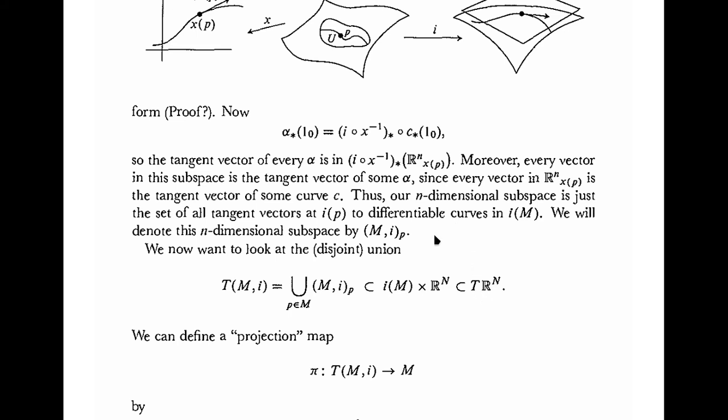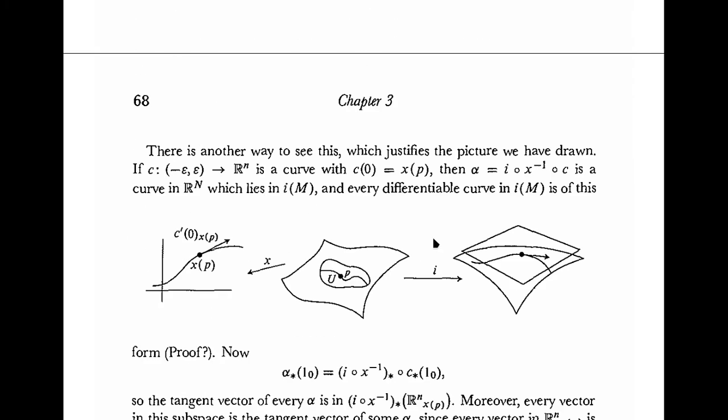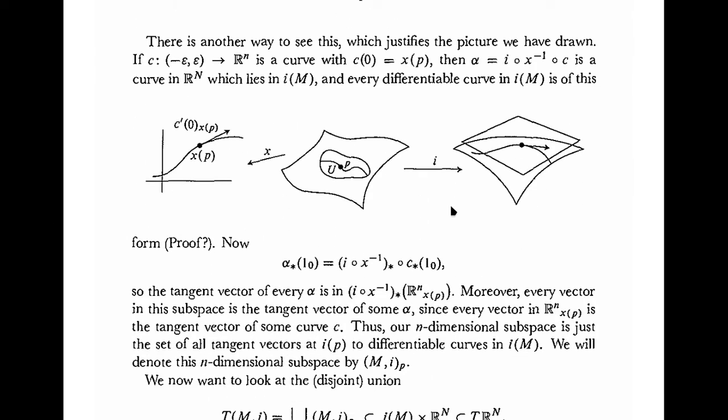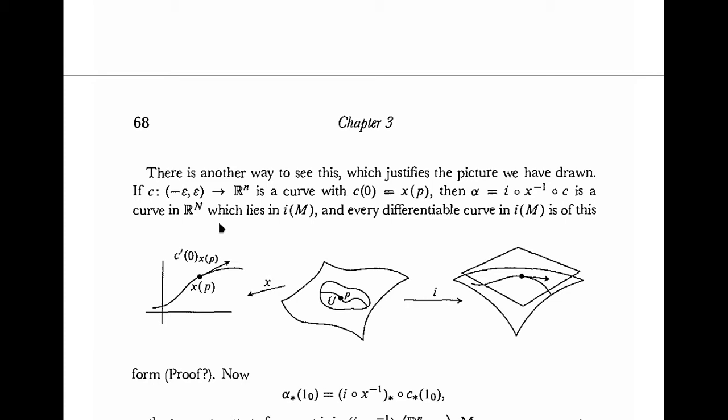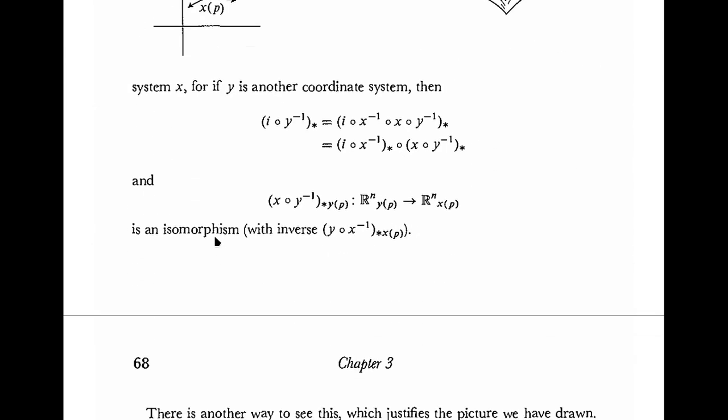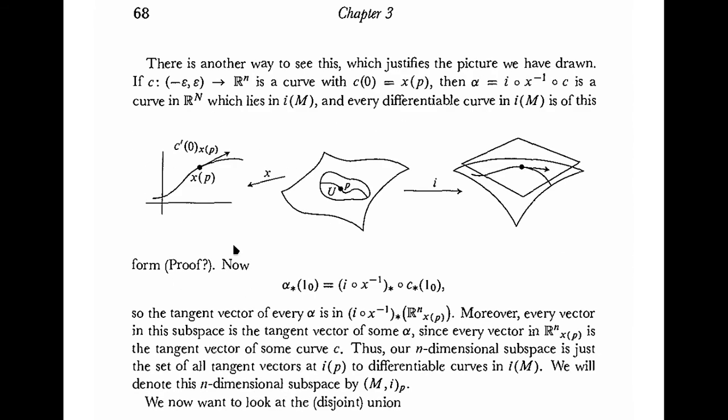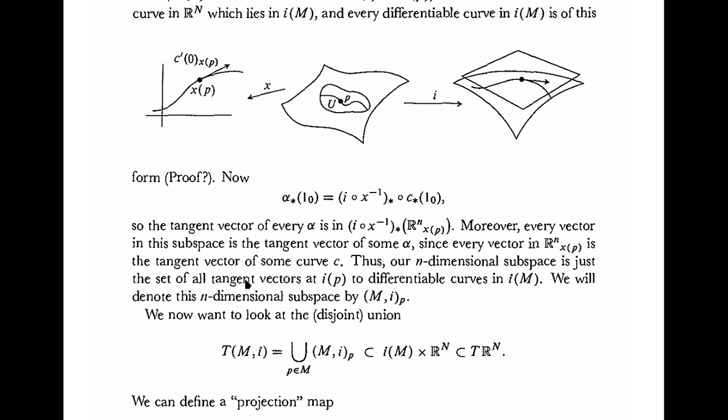I rather want to tell you how this connects with the disjoint union thing, right? What all of this construction is about is that every vector in a tangent space is the tangent vector for some alpha, which is probably a curve. But yeah, in the tangent space, every vector is a tangent vector. Right.